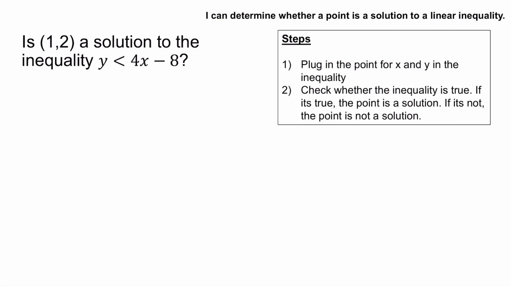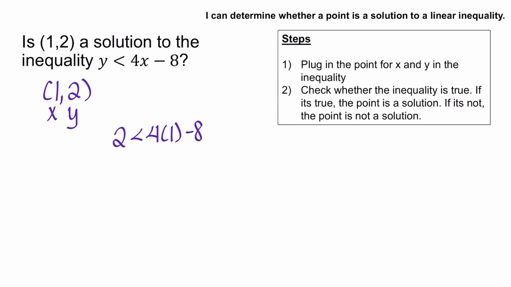So let's try this example. Is (1, 2) a solution to the inequality y < 4x - 8? (1, 2) gives me an x and a y value, so let's plug that into the inequality and see if it makes it true. When we plug that in, we get 2 < 4 times 1 - 8.